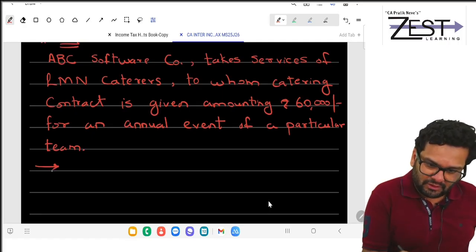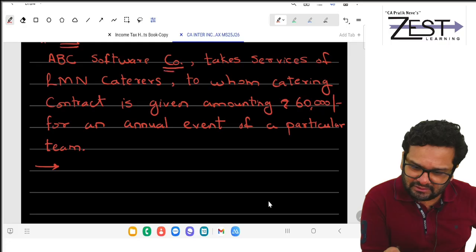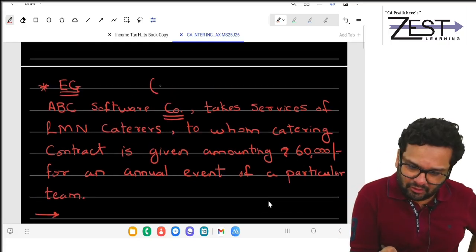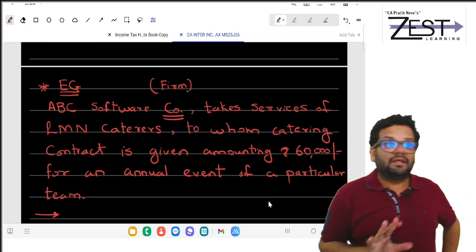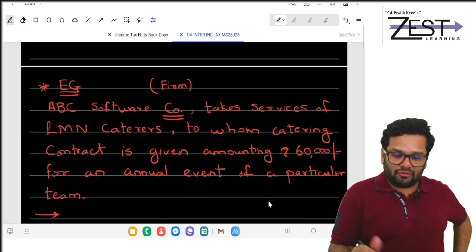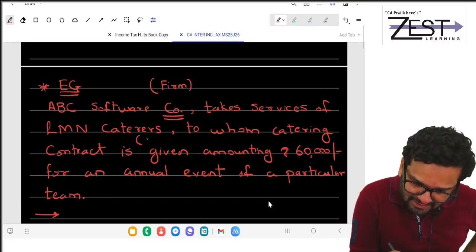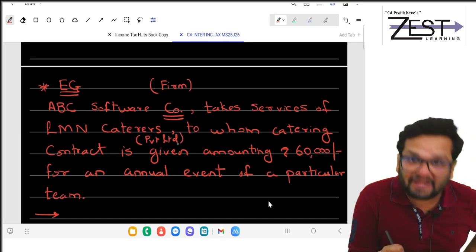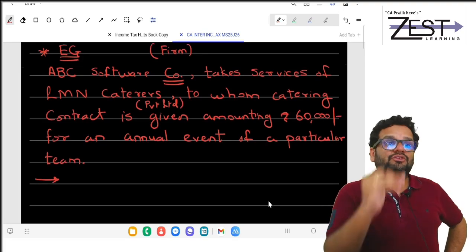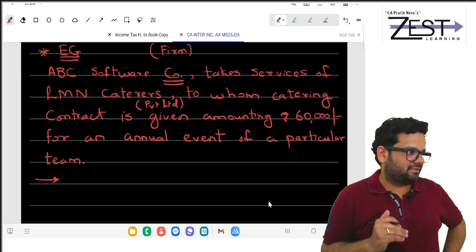Yes or no? ABC Software Company, I don't know who they are, but okay, I'll define them as a firm. You should not check their status. They take service of LMN caterers, say LMN caterers is a private limited company. I will tell you step by step how you will think on this.